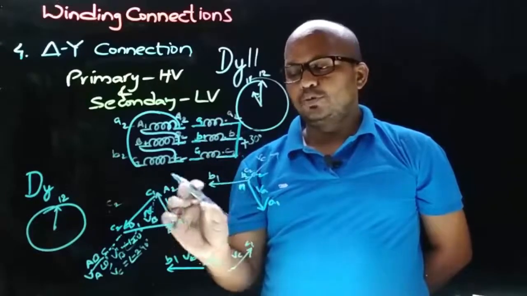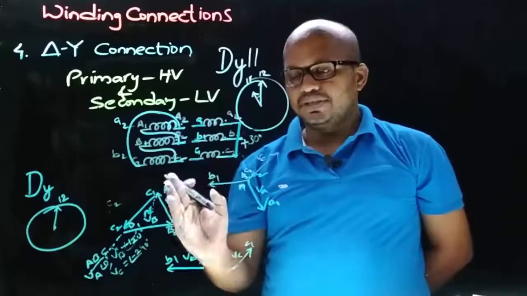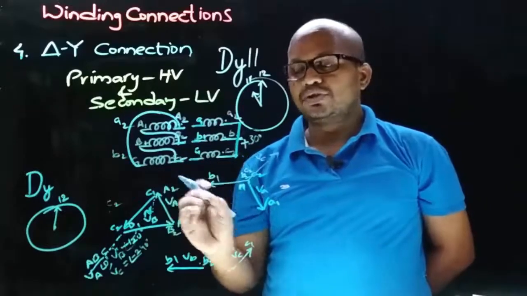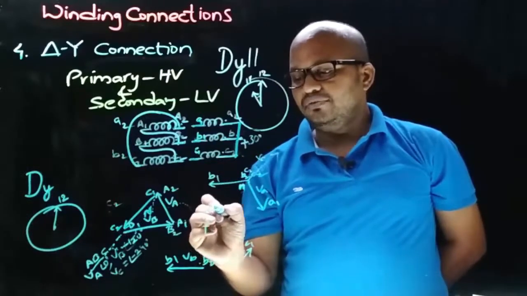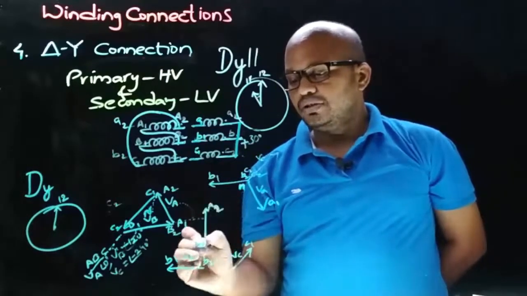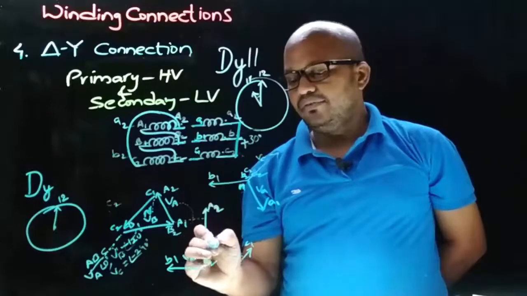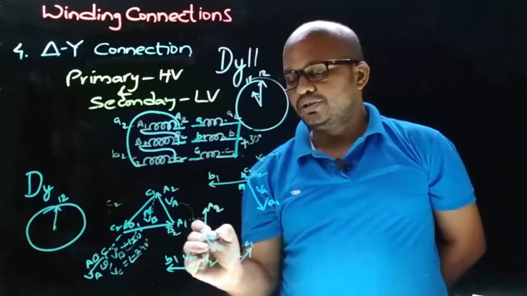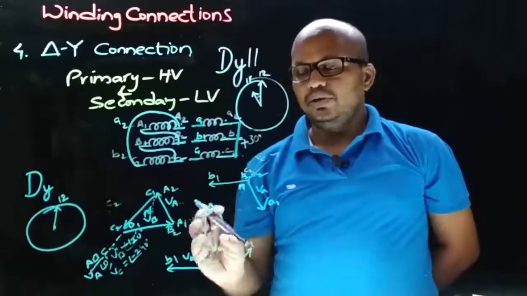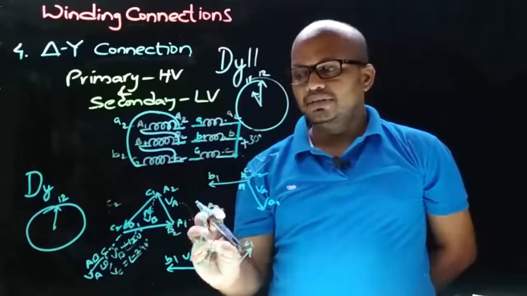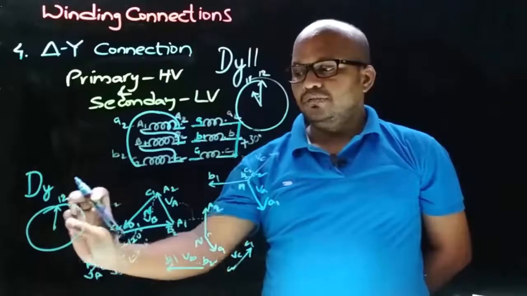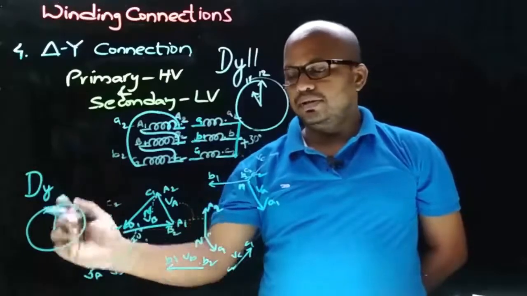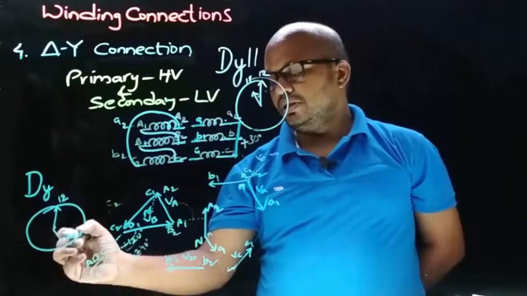Therefore, first let's superimpose this diagram on this diagram and observe the phase to neutral voltage of HV winding and LV winding. If you superimpose them, the HV winding phase to neutral voltage and LV winding phase to neutral voltage will look like this. And now if you place this diagram in the clock such that the phase to neutral voltage will point towards 12, then the diagram will look like this.